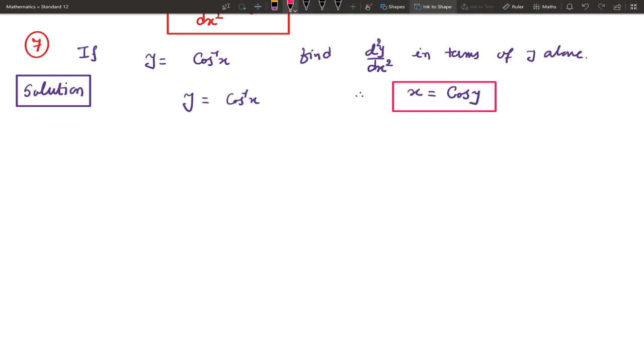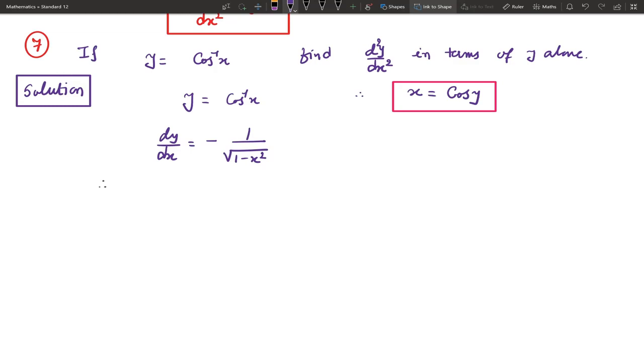Now dy by dx equal to minus 1 upon under root 1 minus x square. This is using d by dx of cos inverse x.